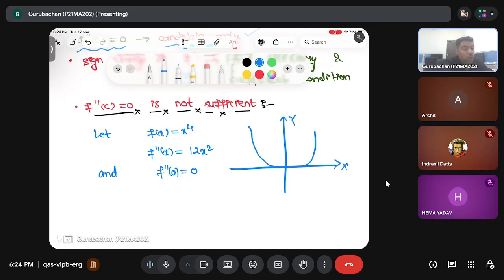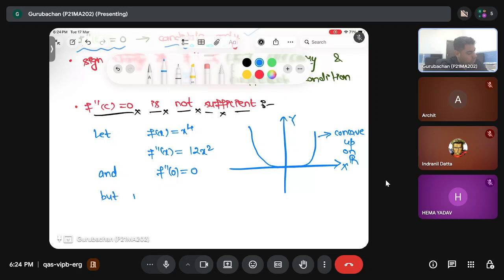But overall on the real line, it is a concave up function. Concave up on whole R. It is not changing sign. Thus x equal to 0 will not be an inflection point.